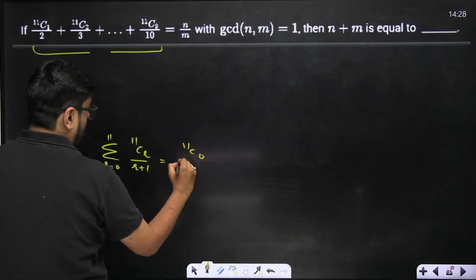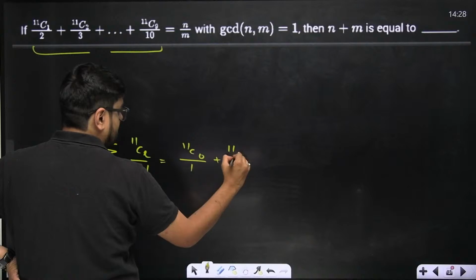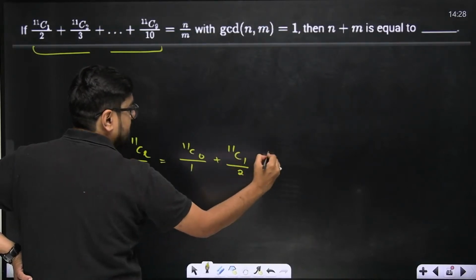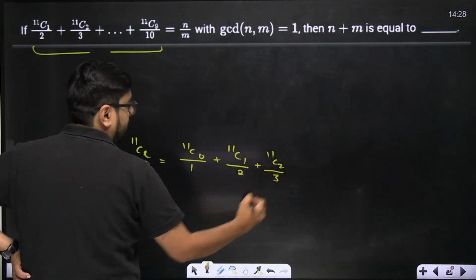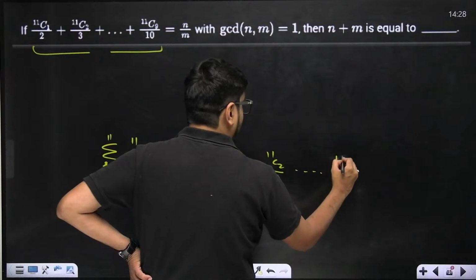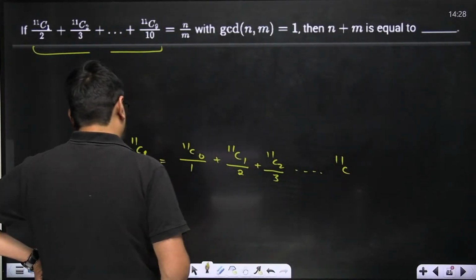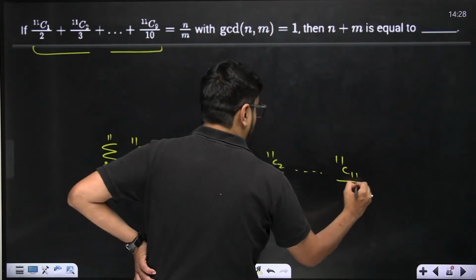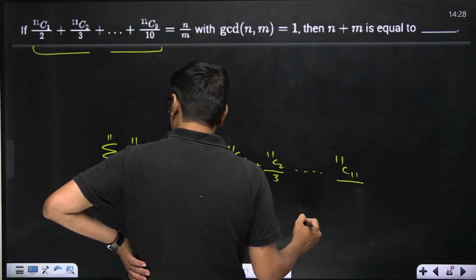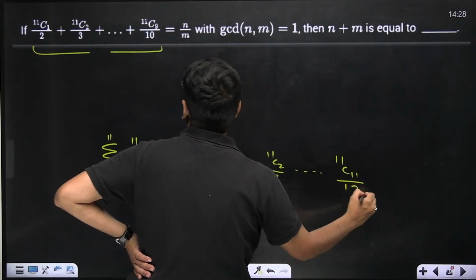11C0 upon 1 plus 11C1 upon 2 plus 11C2 upon 3, and it will go till 11C11 upon 12, right?